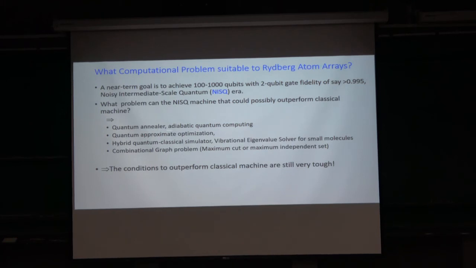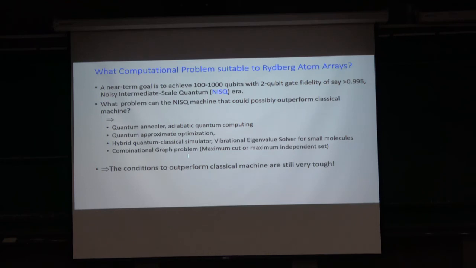People identify some problems like quantum annealing, quantum approximate optimization, or the variational eigenvalue solver for molecule energy levels. And some of them have been demonstrated, although they still do not outperform the classical machine yet. And for Rydberg atoms, some groups identify this platform may be more suitable for this kind of combinatorial graph problem. It's a mathematical problem.